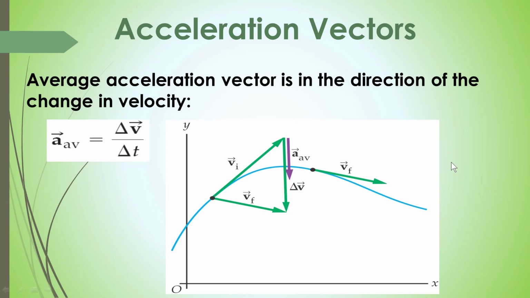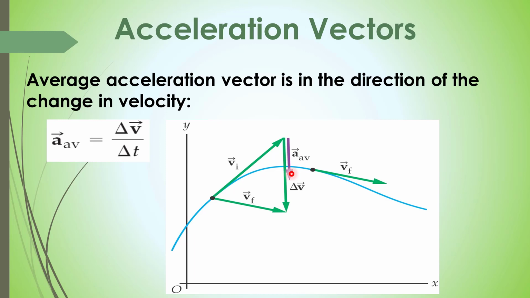Average acceleration vector is in the direction of change in velocity. So if we are talking about change in velocity, first we draw the initial velocity vector, then the final velocity vector, and then the change in velocity vector, which will be the direction of the average acceleration vector.